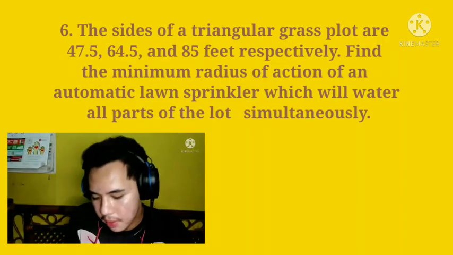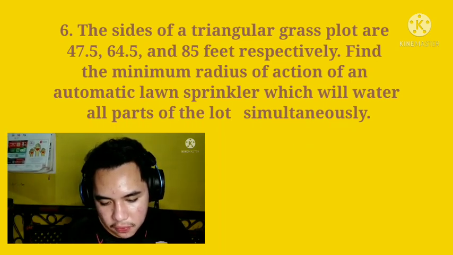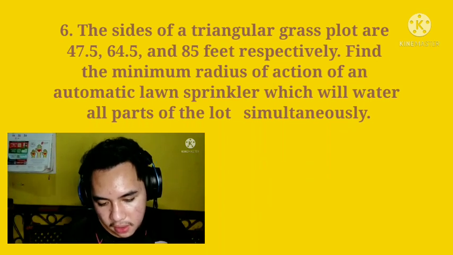So for problem number 6, the sides of a triangular grass plot are 47.5, 64.5, and 85 feet respectively.